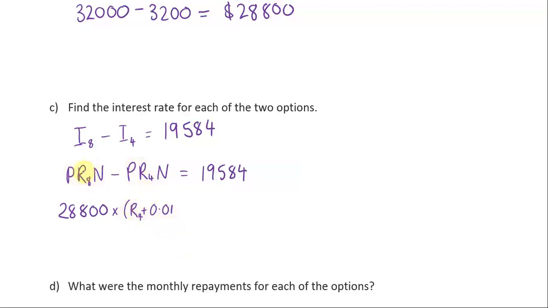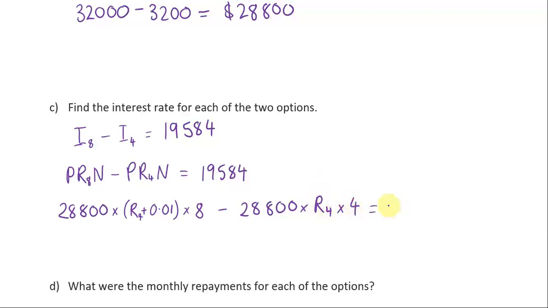Our 8-year loan has the same interest rate plus 1%, and I've written that 1% as a decimal, times the number of investment periods, or number of years, which was 8, minus the principal for the 4-year investment, which is the same, $28,800, times the interest rate of the 4-year period, R4. We don't need that in brackets this time because it's just R4, times the number of investment periods, which is 4.